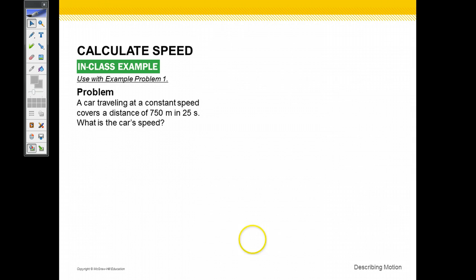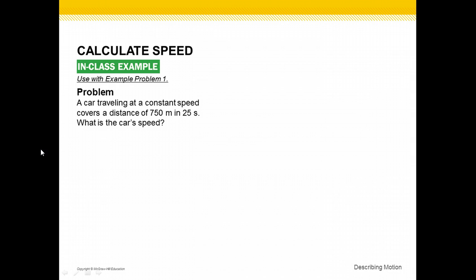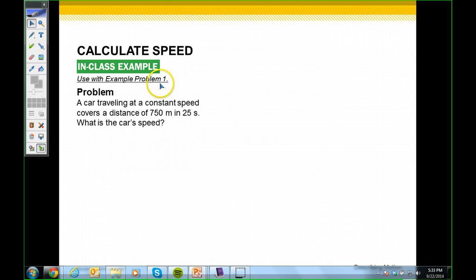A car traveling at a constant speed covers a distance of 750 meters in 25 seconds. What is the car's speed? So if we do what I just showed, we take distance, speed and time, because speed is distance divided by time, distance is speed times time, but what do we want to know?